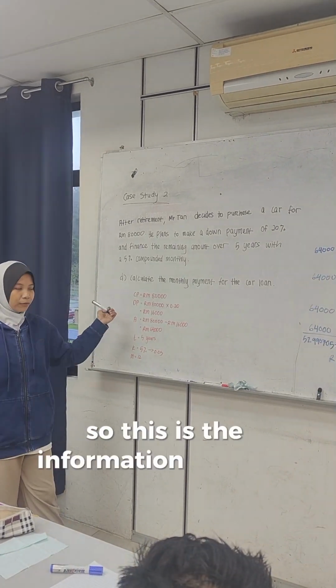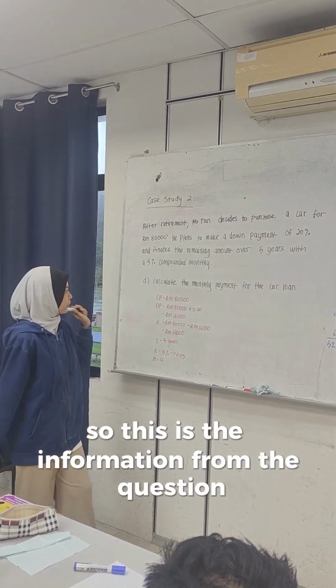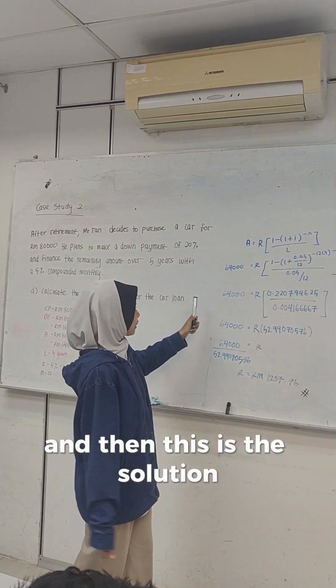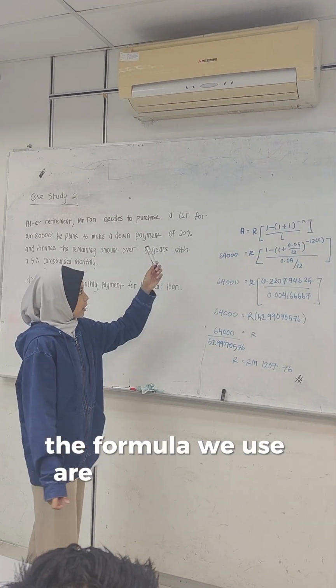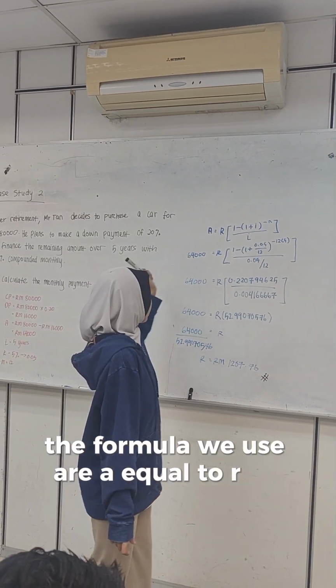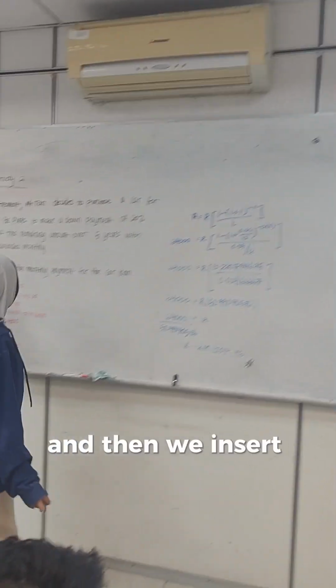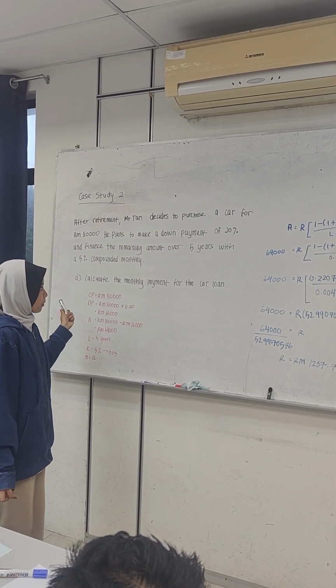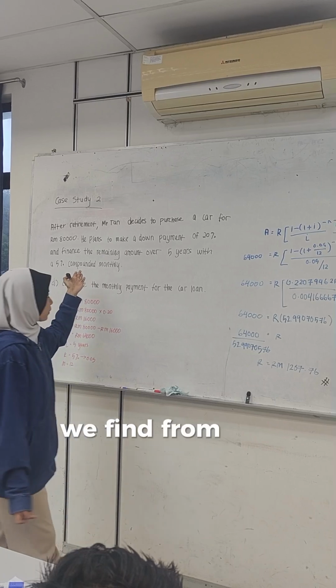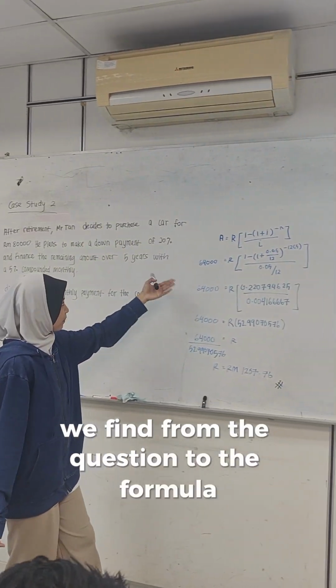So this is the information from the question, and then this is the solution. The formula we use is A equals R. And then we insert the information that we found from the question into the formula.